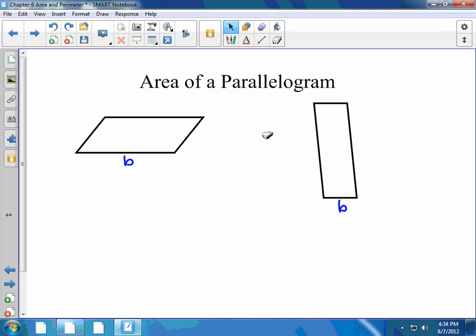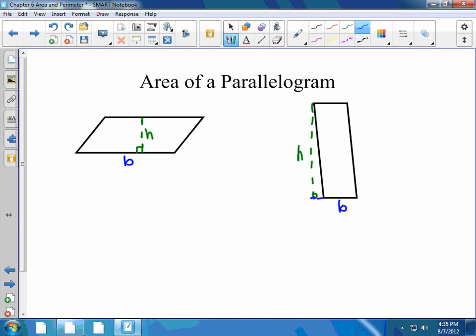However, the height can be any line segment perpendicular to the base. So there's the height for that first parallelogram. For the second parallelogram, I'll put it on the outside here. So there's the height. Now, sometimes you can have it on the outside.